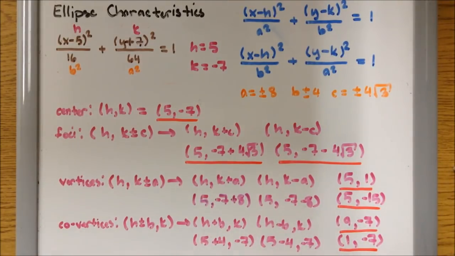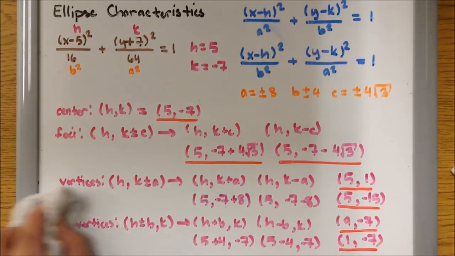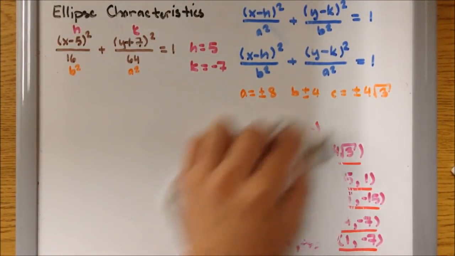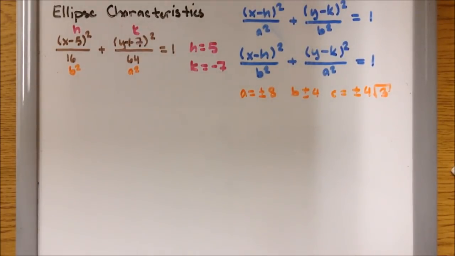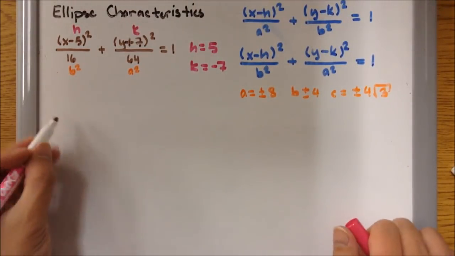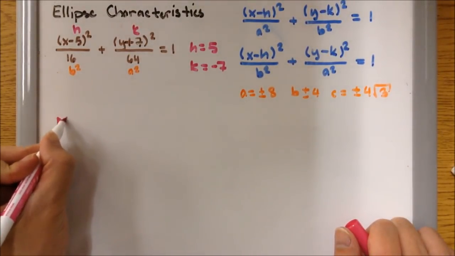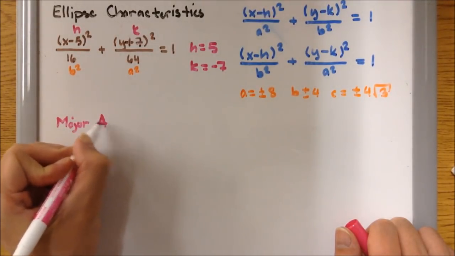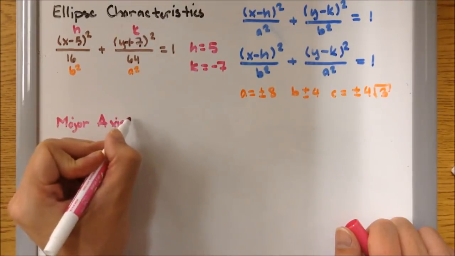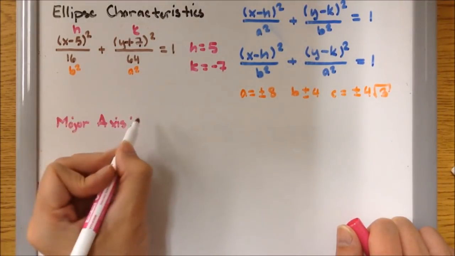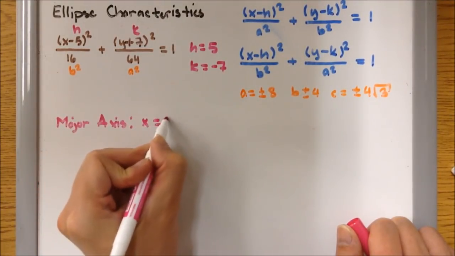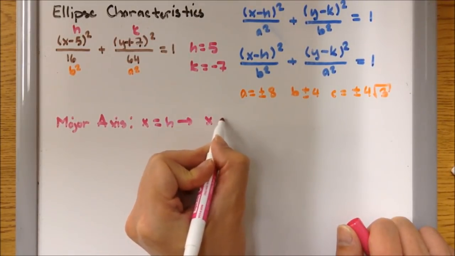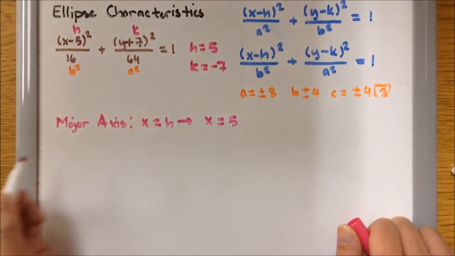Next, I'm going to make room for major axis and minor axis. So major axis will be x equal to h, so therefore the answer is x equals positive 5.